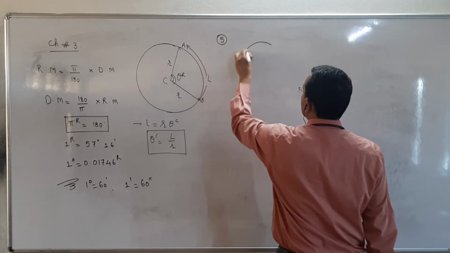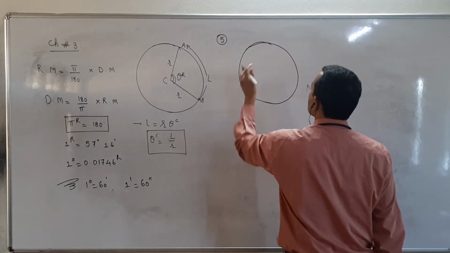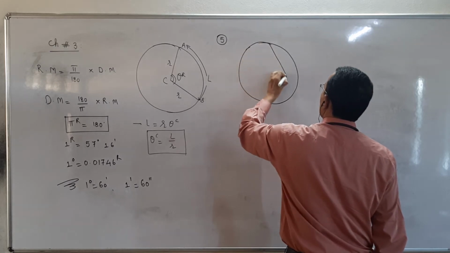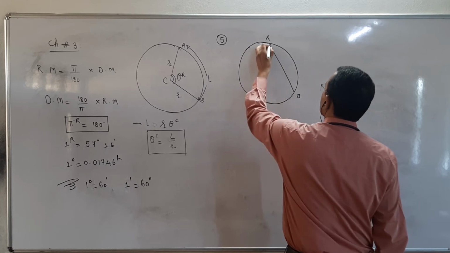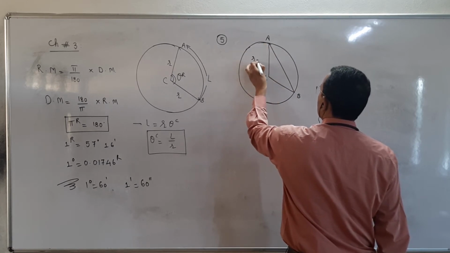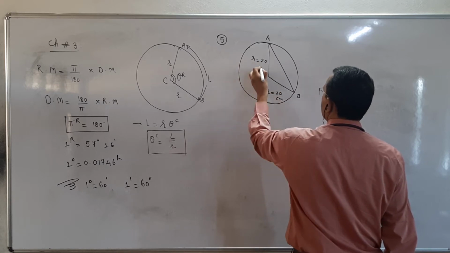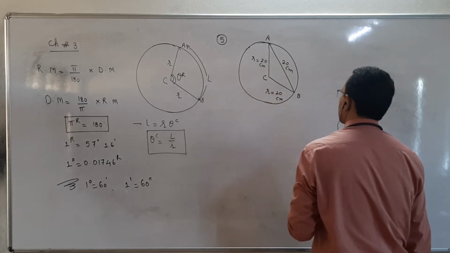Say this is the circle. This is the chord AB. C is the center. Diameter is 40 centimeter. So radius will be 20 centimeter.